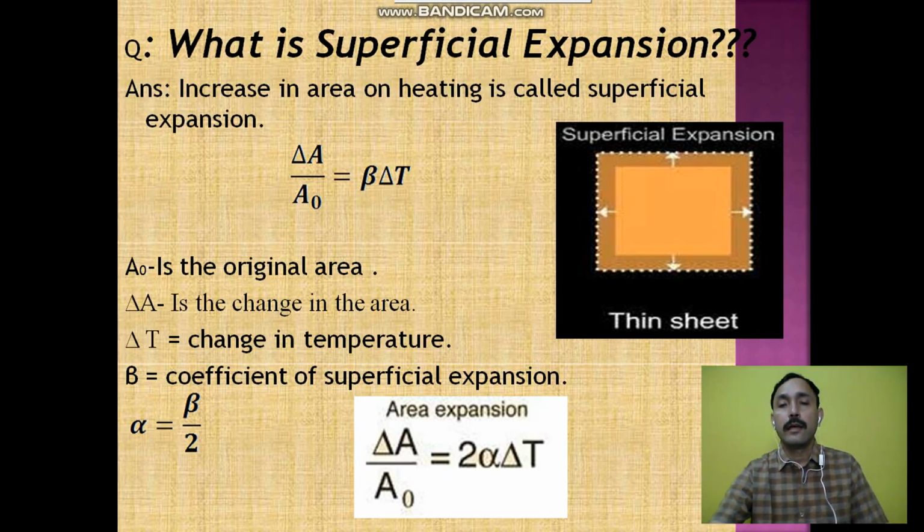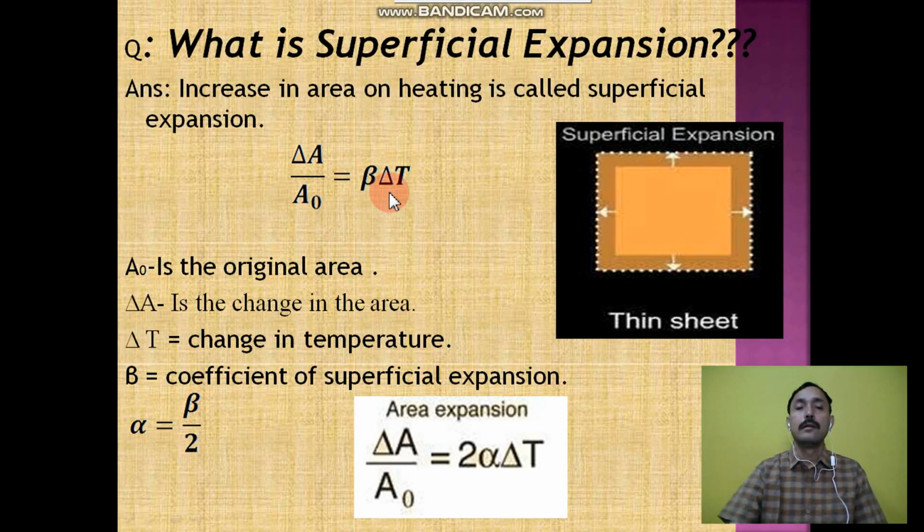So delta A to A naught becomes beta into delta T. This beta is the coefficient of superficial expansion. Here A naught is the original area, delta A is the change in the area, delta T is the change in temperature, beta is the coefficient of superficial expansion. Now there is a relation between alpha and beta.